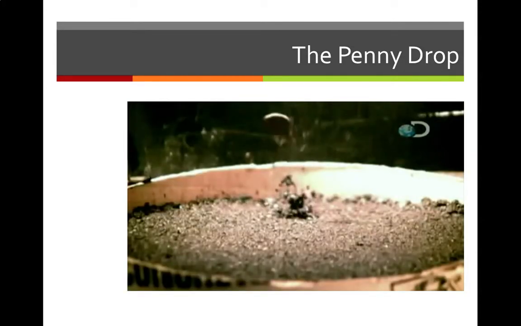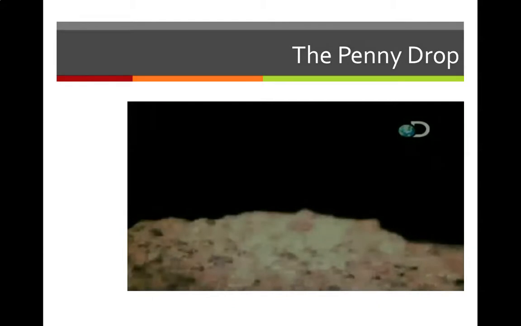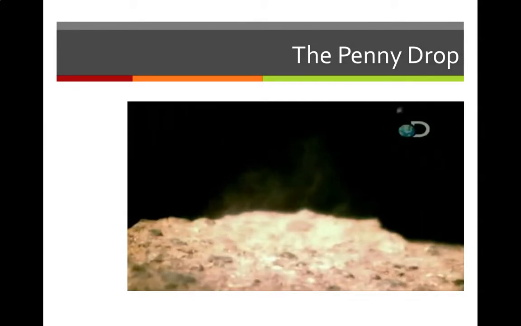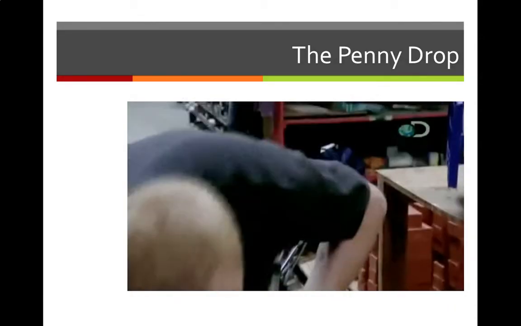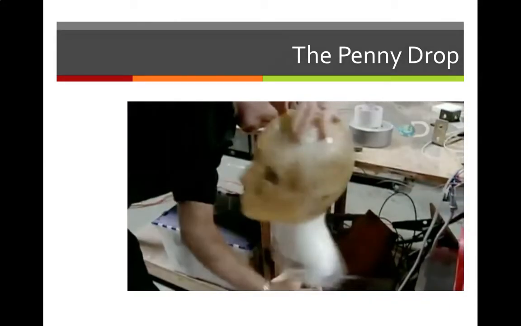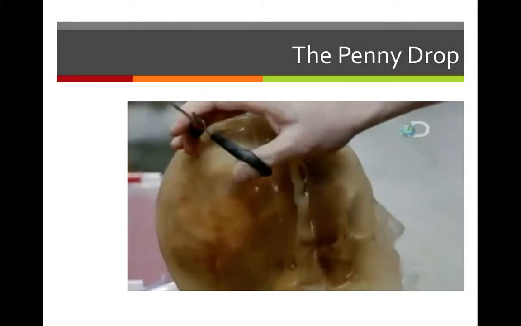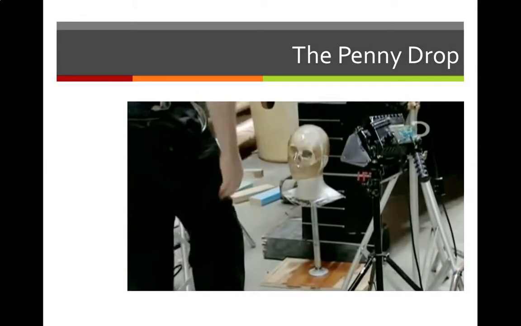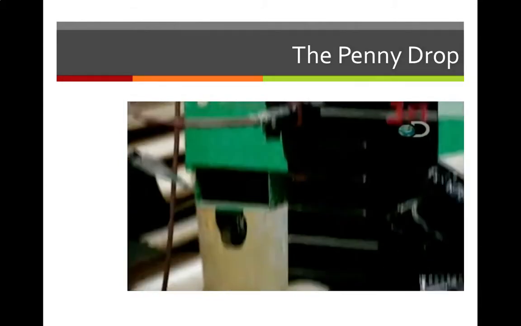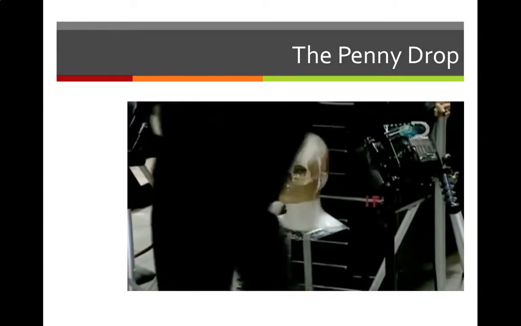So the test shows that a coin traveling at terminal velocity cannot penetrate concrete or asphalt. But what about flesh and bone? Remember, the penny myth talks about a penny shattering someone's skull. Enter Norma, Adam's ballistics dummy. Norma's cranium will take the full brunt of a penny traveling at terminal velocity. Lights.